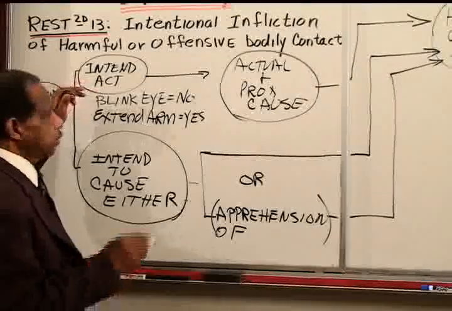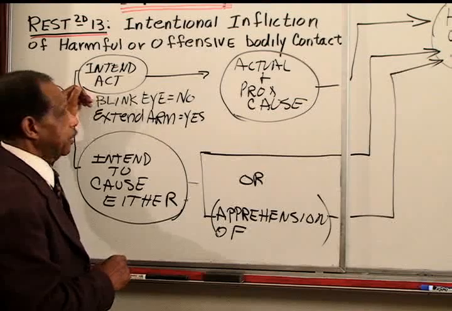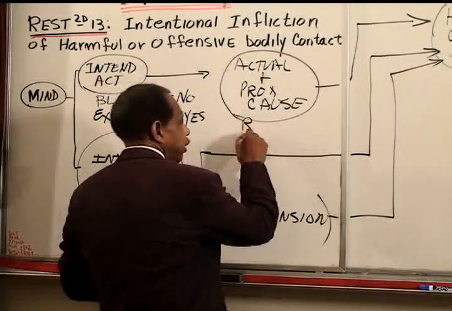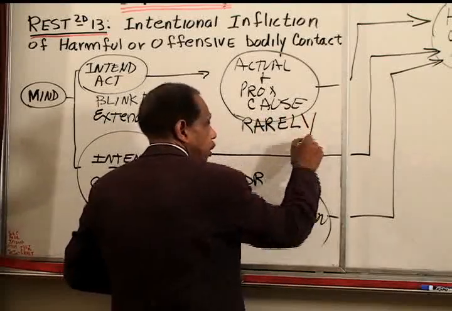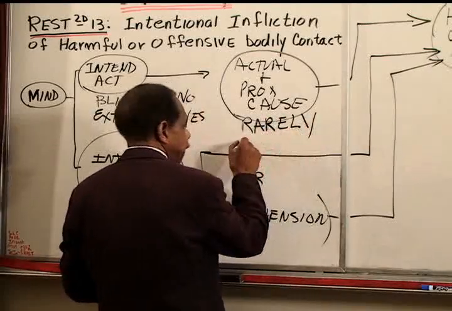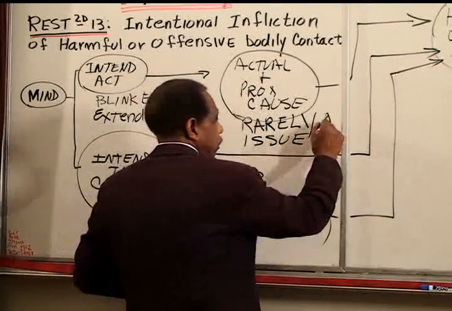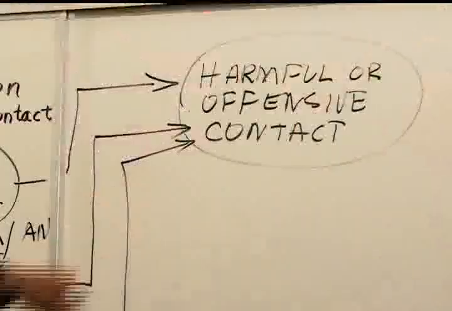But nevertheless, it's in there, in that the act which the person voluntarily did must be the actual and proximate cause of the harmful or offensive touching. And we'll make a note here, this is rarely an issue.